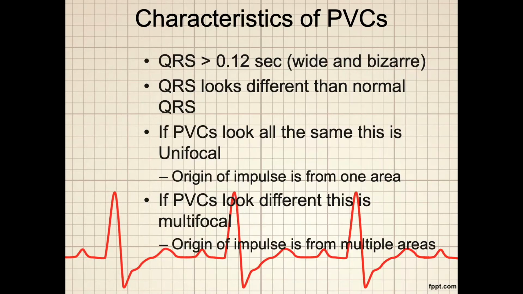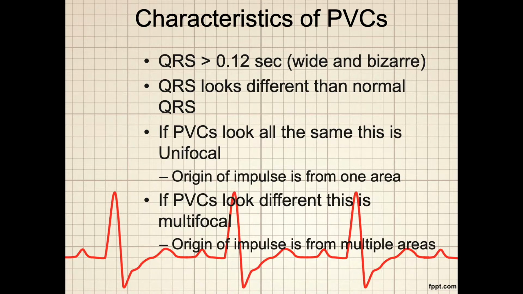When the reader looks for a PVC on the rhythm strip, they should look for a QRS that is greater than 0.12 seconds, that is, wide and bizarre. So the QRS will look different than normal QRSs. If the PVCs look all of the same, this is called unifocal, and this means that the origin of impulse is from one area.